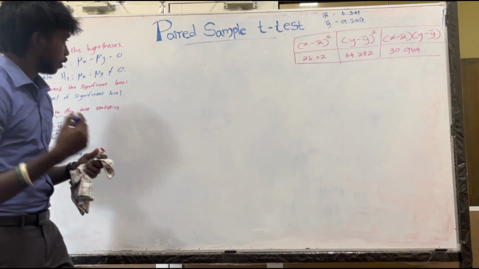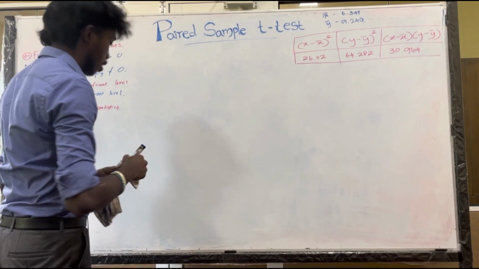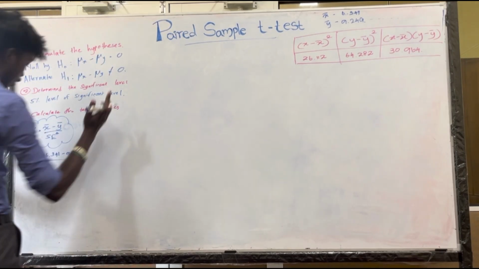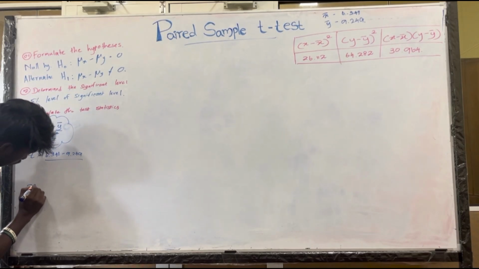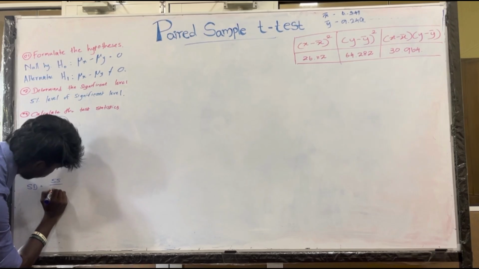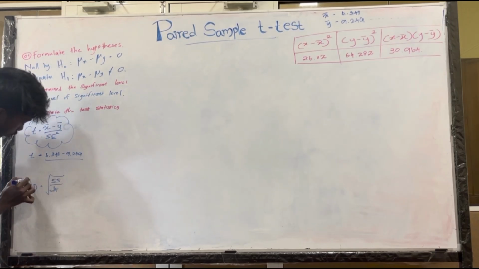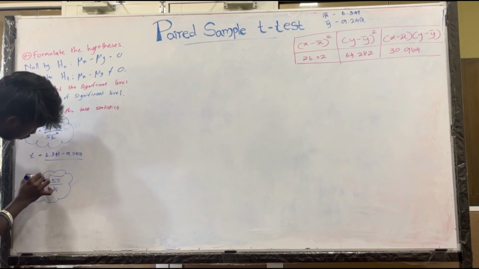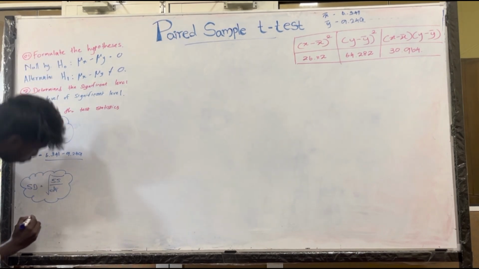Next, the second part of our calculation is calculate the standard deviation. What is the equation of the standard deviation? Standard deviation equals the square root of the sum of squares divided by the degrees of freedom. This is our second formula. How to calculate the sum of squares?